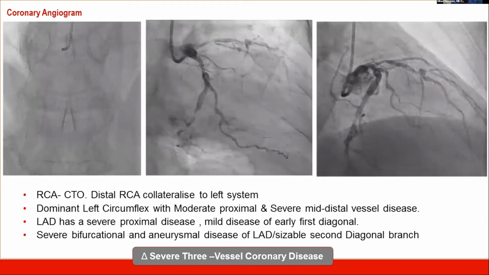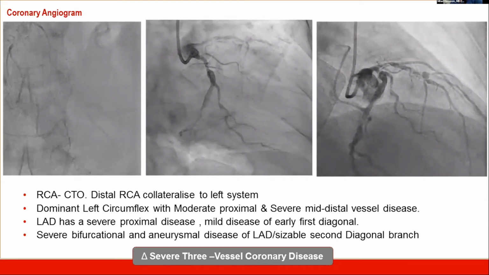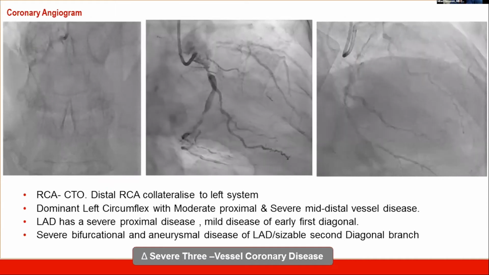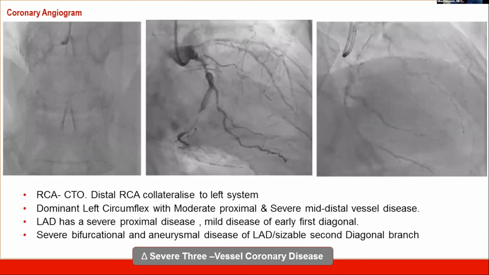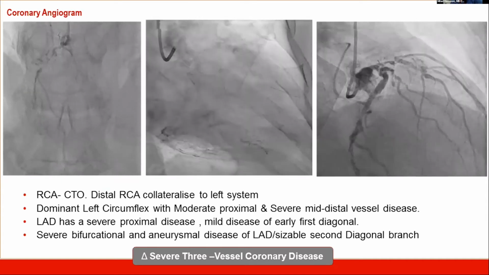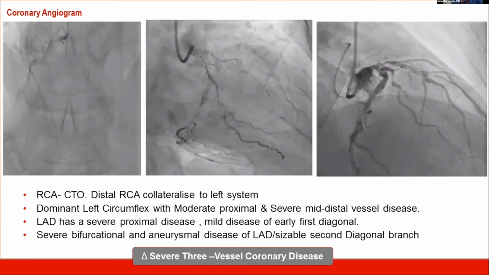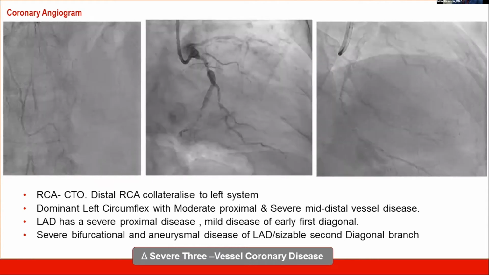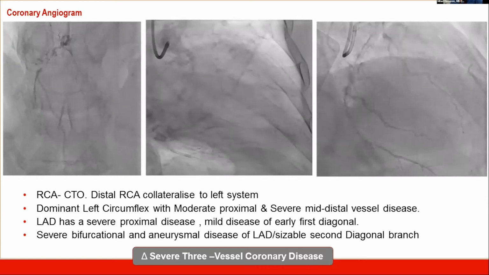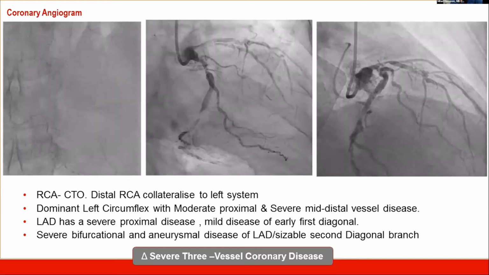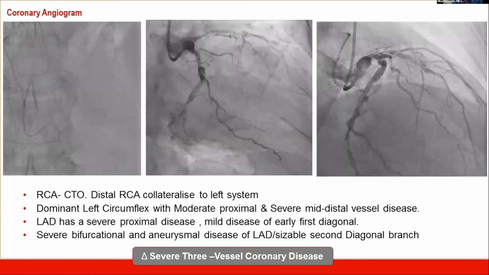There is no clear left main, really. There is an adjacent origin of both the LAD and CIRC. And the CIRC itself has got severe disease proximally and more diffuse severe disease distally, which is likely the culprit in this case. On your far right side, you can see the LAD also has nasty disease proximally and very complex bifurcational aneurysmal disease involving the second diagonal, which seems to be sizable.